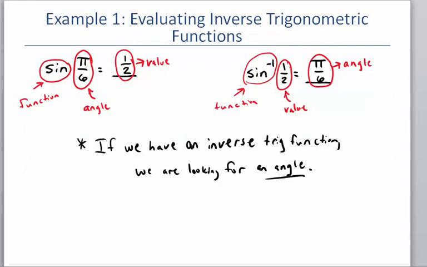Now, it's a reasonable question to ask, why did they give me 2 quadrants? The reason that they gave you 2 quadrants is that one quadrant is going to produce all of the positive angles.